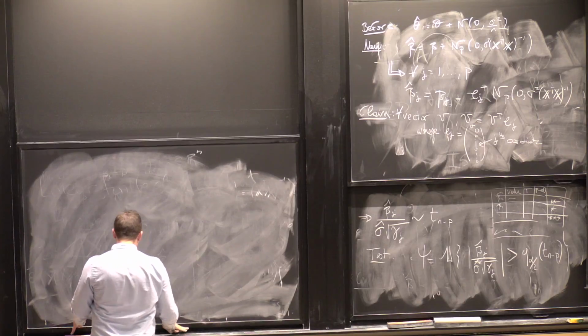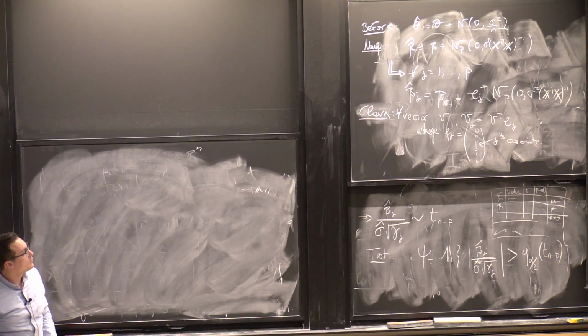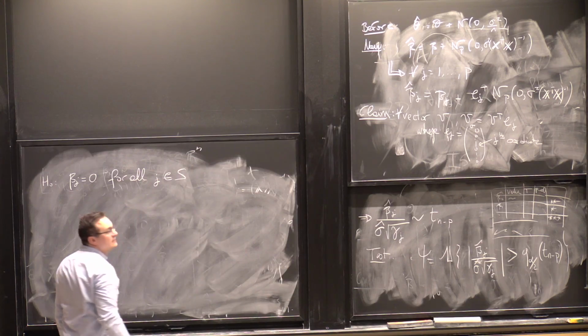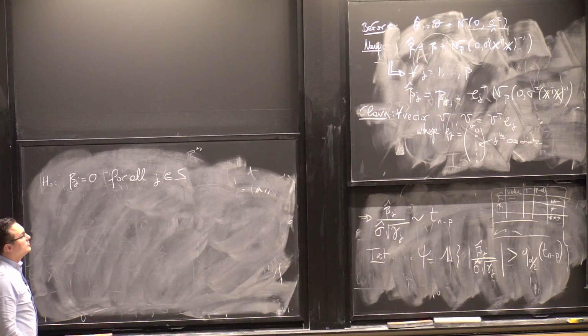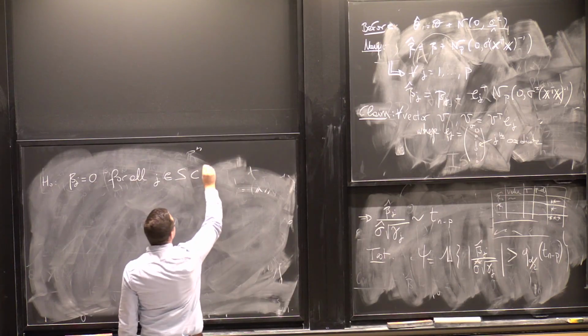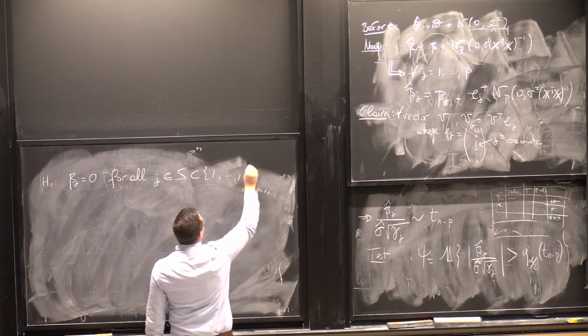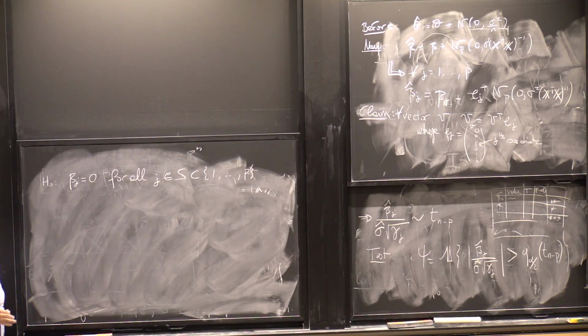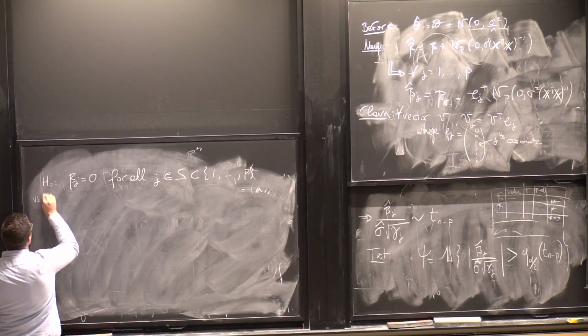So recall, if I want to perform this test, where I want to test H0 that beta j is equal to 0 for all j in some subset S. So think of S included in 1 to p. You can think of it as being all of 1 to p if you want. It really doesn't matter. S is something that's given to you. Maybe you want to test just a subset of them, but maybe you want to test all of them.